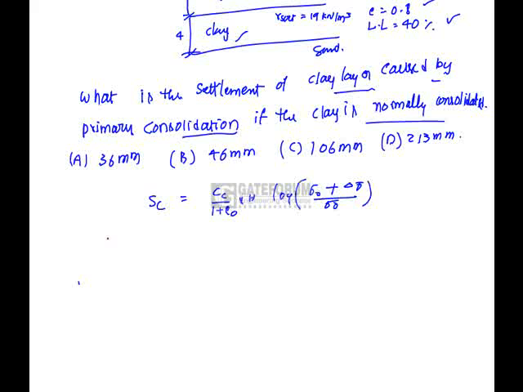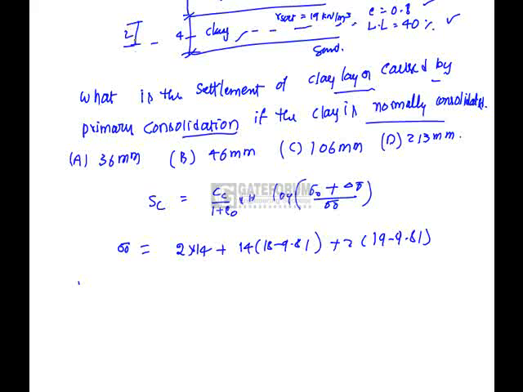Sigma naught is the effective stress at the middle of the clay layer, which is equal to 2 into 14 plus 14 into (18 minus 9.81) plus 2 into (19 minus 9.81). We are finding the effective stress at the middle of the clay layer, that is 2 meters of the clay layer. So that implies 79.14 kilonewton per square meter of stress is acting at the middle of the clay layer.